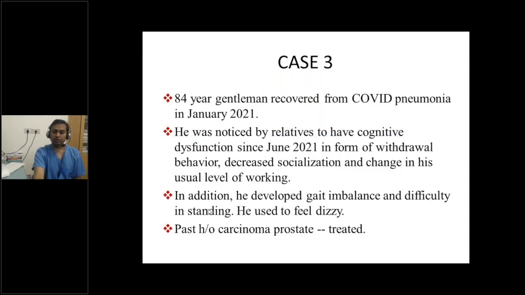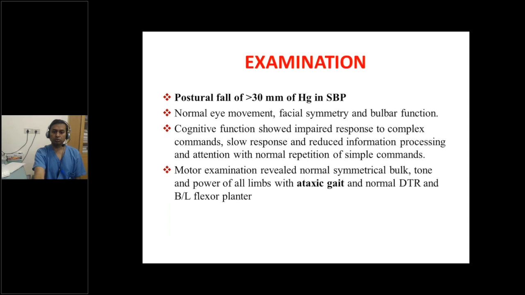In the third case, this is an industrialist, an 84-year-old gentleman with cognitive decline for the last 2 months. He was chairing meetings but is no longer able to chair them, and there was social withdrawal in the last 2 months, along with postural hypotension; examination shows a postural fall of more than 30 millimeters of mercury in systolic blood pressure, and an ataxic gait.